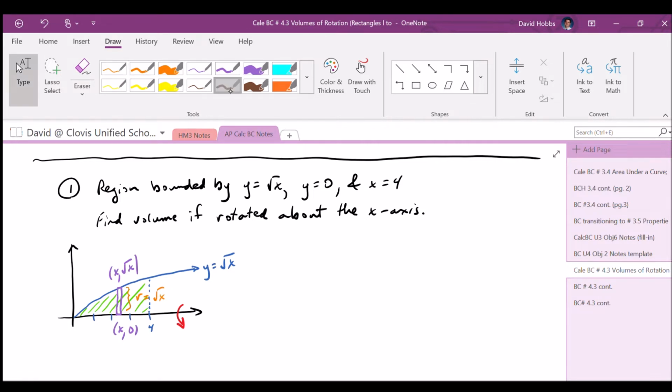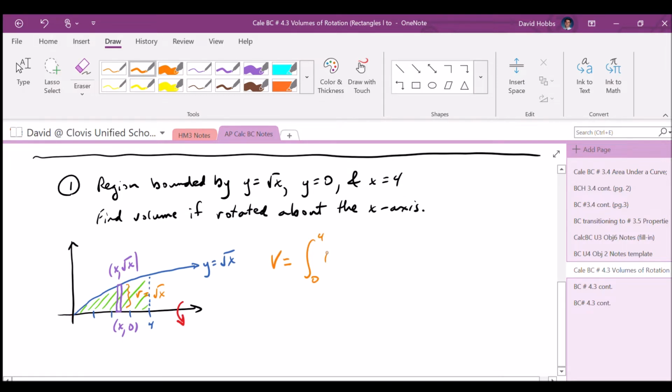So the volume is going to be the definite integral from, start at the furthest left we can go, because we're doing little delta x's, so everything's in terms of x's. So from 0 to 4, pi r squared, so root x squared, and delta x, so dx. There's the setup. Now let's bring the pi out in front, and we have 0 to 4.